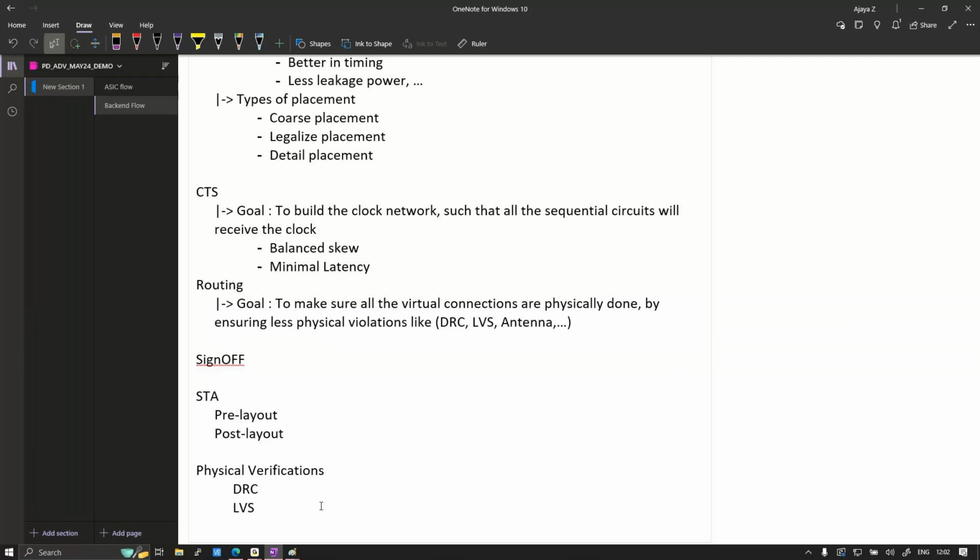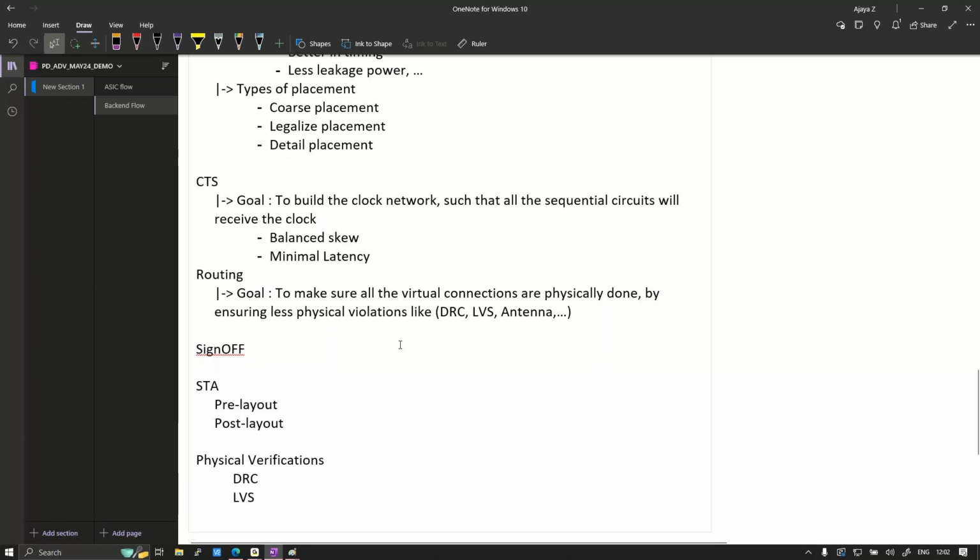Sorry, I forgot one question that was asked in the starting: the difference between 2 nm, 4 nm, and 28 nm. The major difference is the criticality of the project. When you go to 2 nm, as the device circuitry is small, your area is less. When my area is less and its functionality is more, the leakage power control will be high.